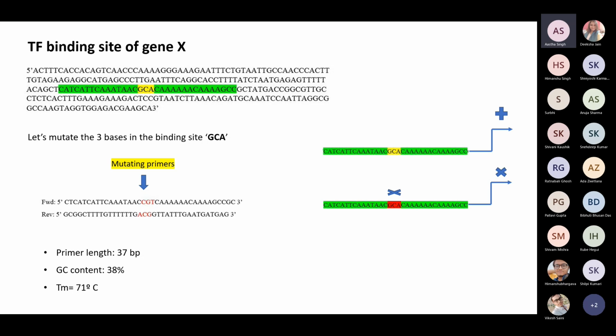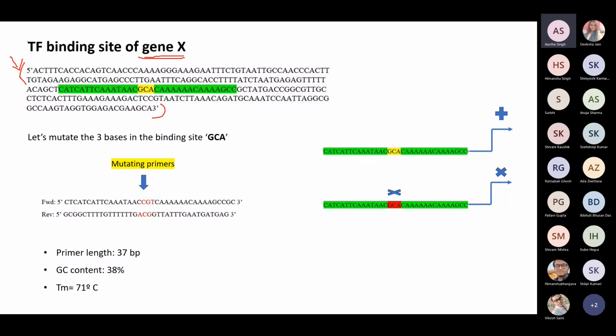I'll give you an example where you design the primers for your SDM experiment. How do you do that? Let's say that this particular sequence from here to here is the transcription factor binding site of gene X. So you can assume that this sequence is from the promoter of gene X, right?